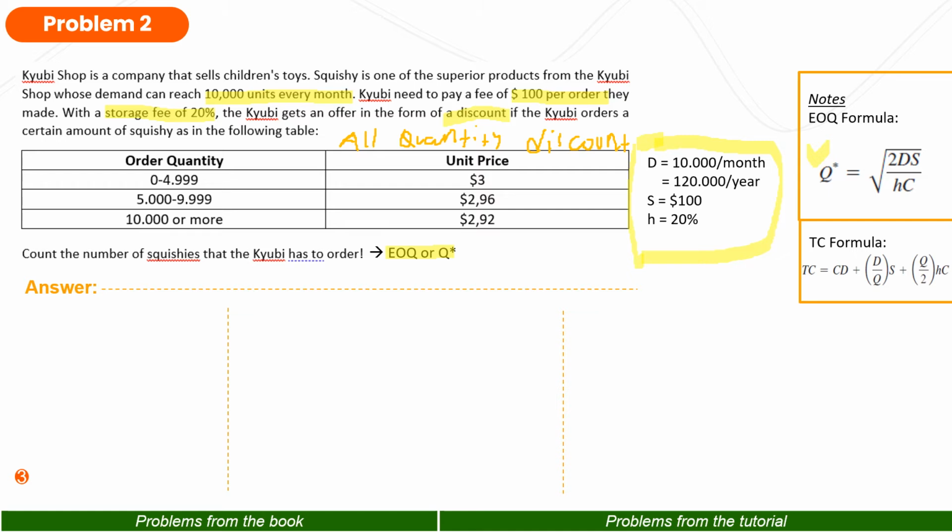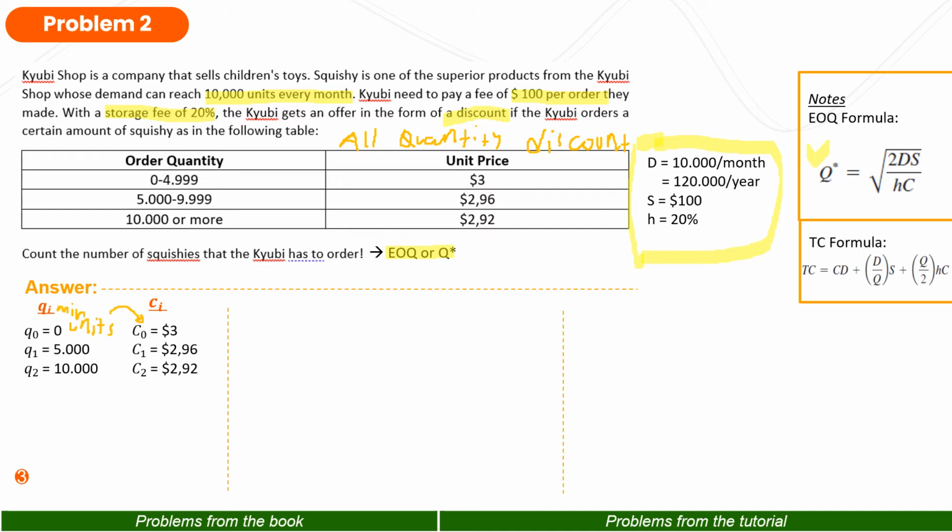So first we need to write the Qi. So Qi is the minimum units to get the unit price.